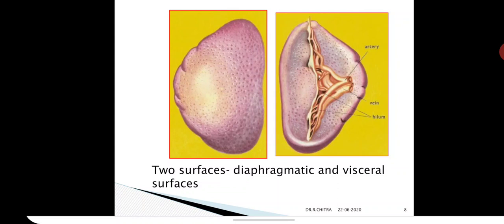Two surfaces: you can see two different surfaces in the two images. The one which is smooth and convex is the diaphragmatic surface, and the one which presents some impressions and depressions is the visceral surface.